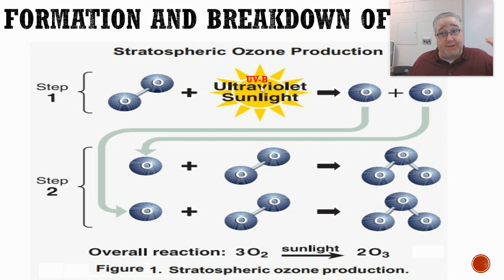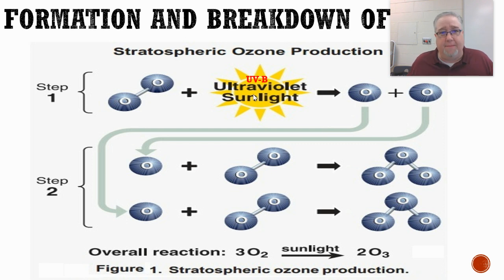UVB radiation, which is fairly abundant up in the stratosphere, can break the bonds of this oxygen molecule. And so what we end up having is these two little oxygen atoms, or in this case, they're oxygen ions, because once they split apart, they have their negative charges. But don't worry so much about that.